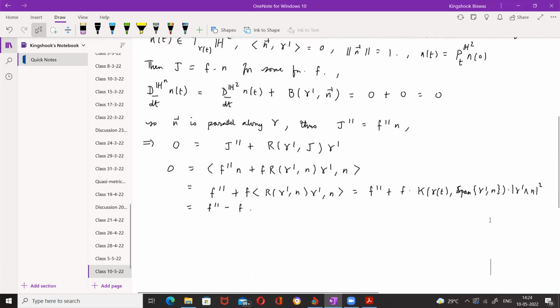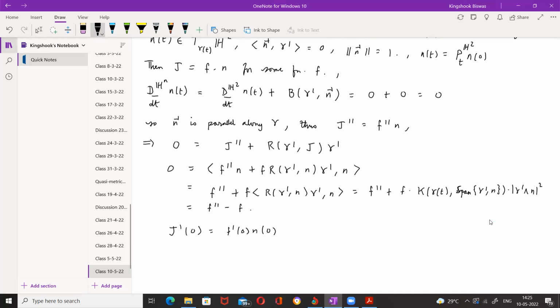And what is f prime 0? J prime 0 is equal to f prime 0 N0, right?